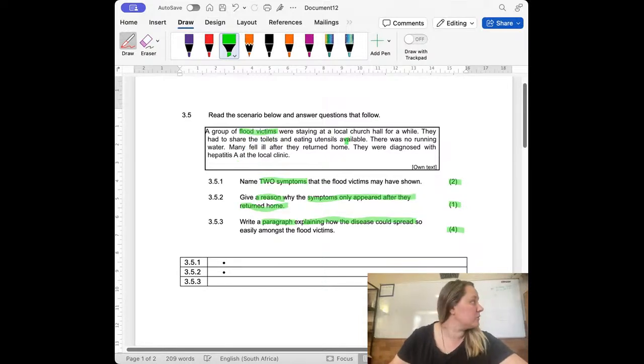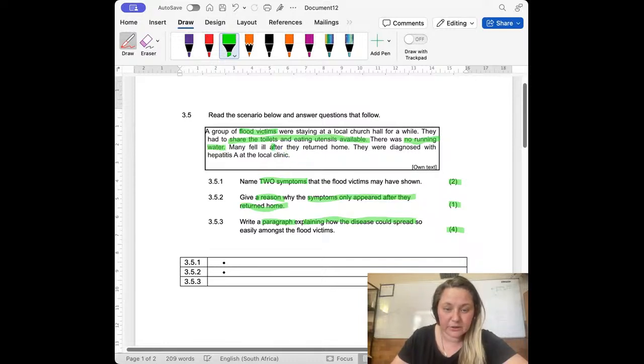They stayed at a local church hall for a while. They had to share the toilets and the eating utensils. That's important. That's unhygienic. And there was no running water. Unhygienic.